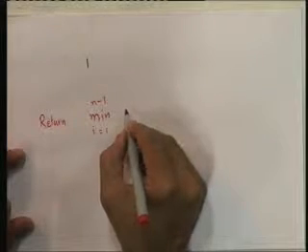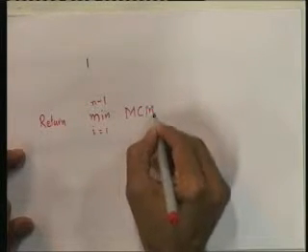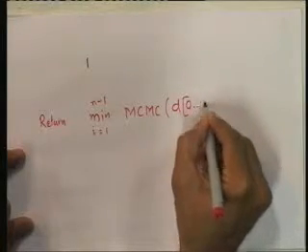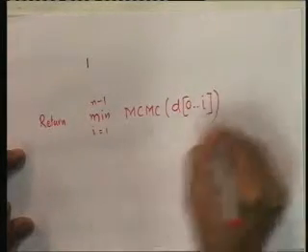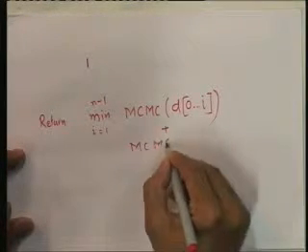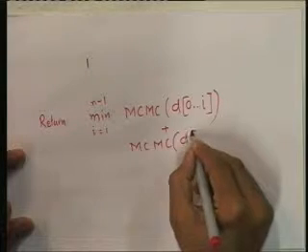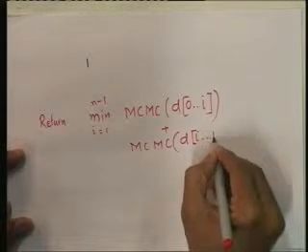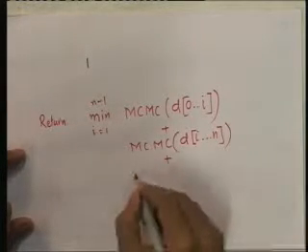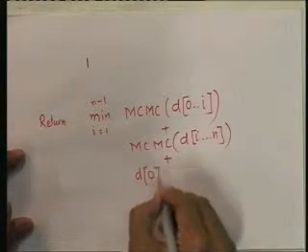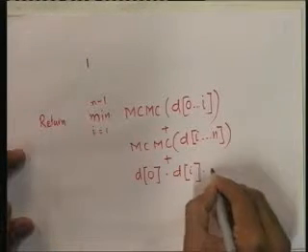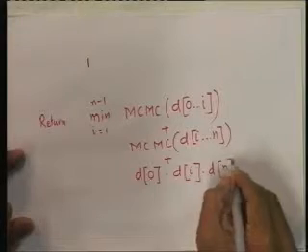I will write that as MCMC of D 0 through i, plus MCMC of D i through n, plus D of 0 times D of i times D of n.